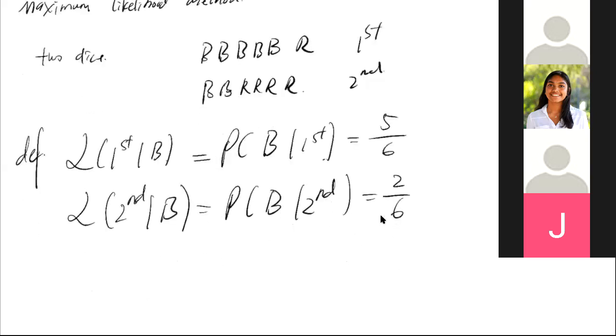We know that the likelihood of the first die is greater than the likelihood of the second die, so we can conclude that the maximum likelihood appears at the first die. So that's a simple example.